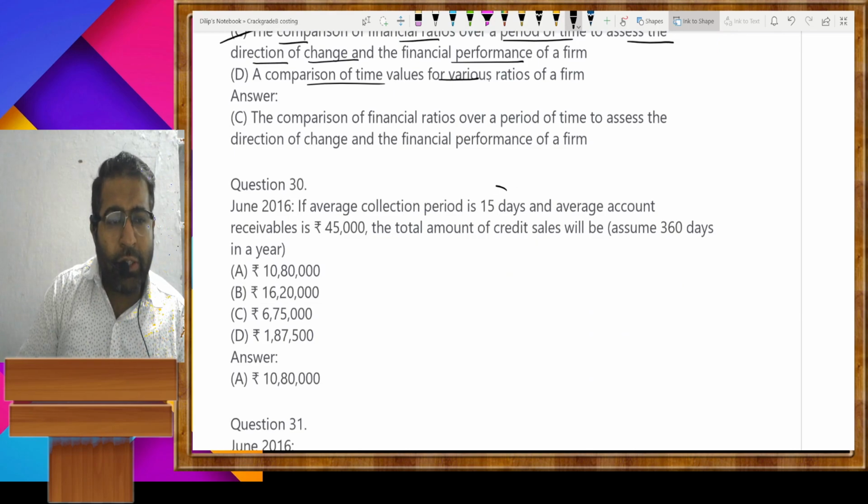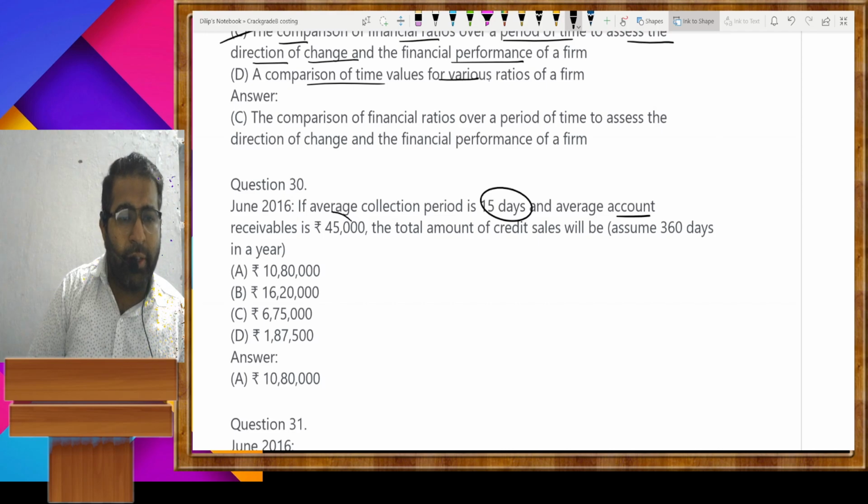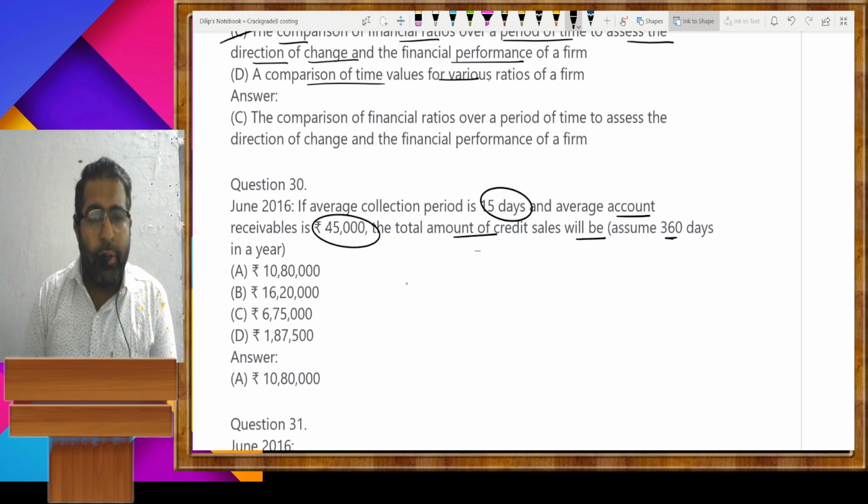If average collection period is 15 days, average account receivable 45,000, total amount of credit sale will be, assuming, okay, now look here.